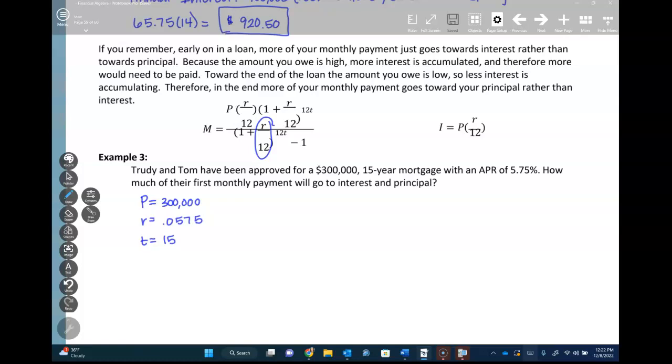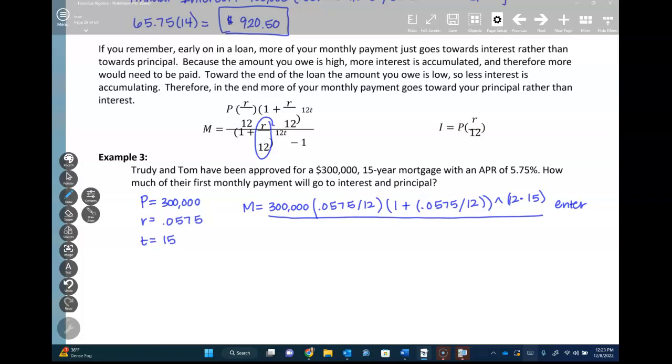So if I plug that in my calculator here, I get M equals P is 300,000 times my rate, 0.0575, divided by 12, another open parenthesis, 1 plus open parenthesis, 0.0575, divided by 12, close with 2, to the power of 12 times 15. Click enter if you remember this from last class. And then you also have to divide it by the bottom.